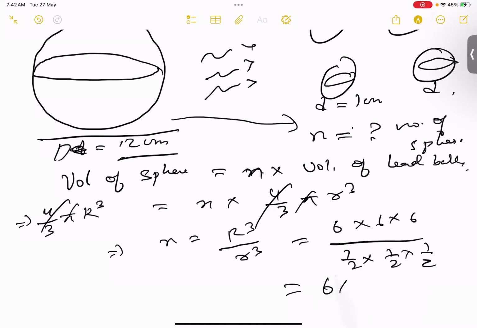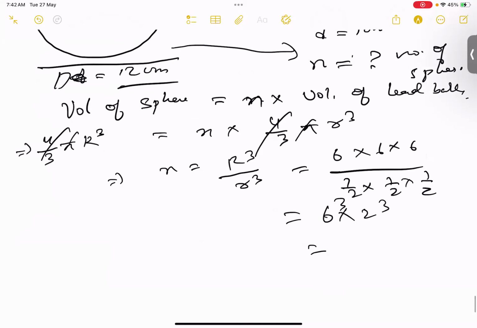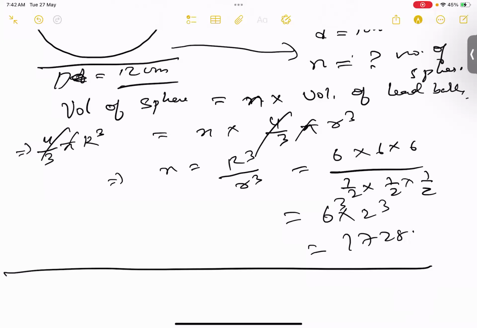It will be 6 cube into 2 cube, 216 into 8 will be 1728. So we can produce 1,728 small spheres, okay?